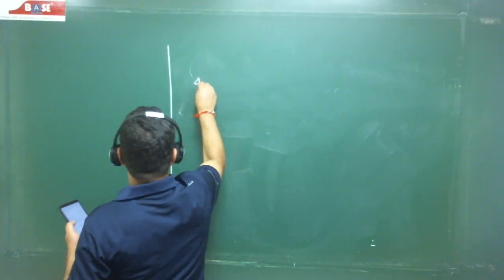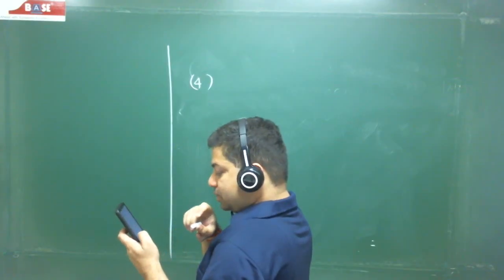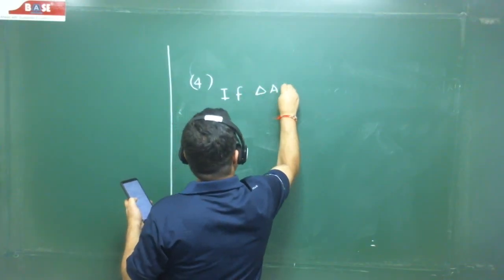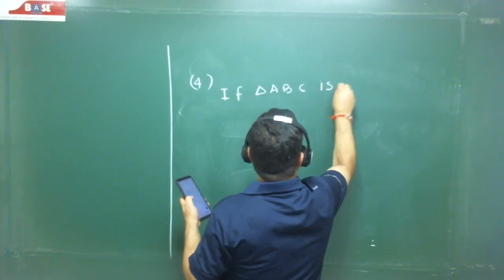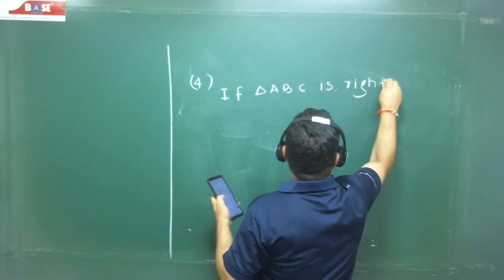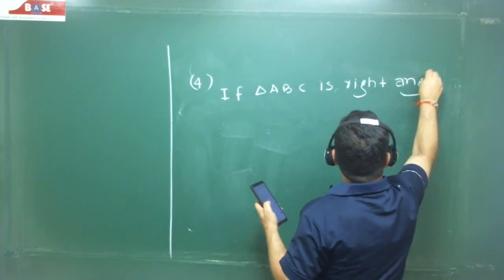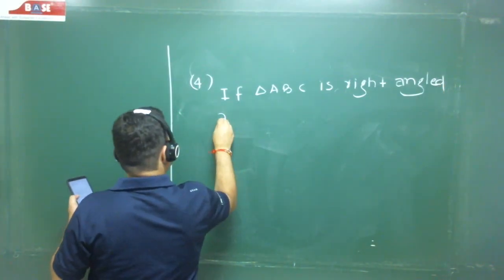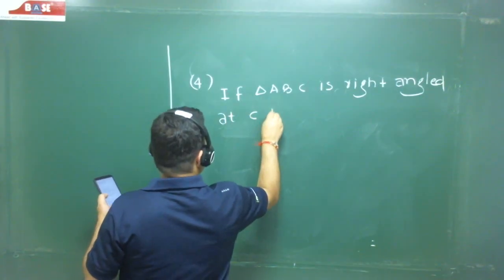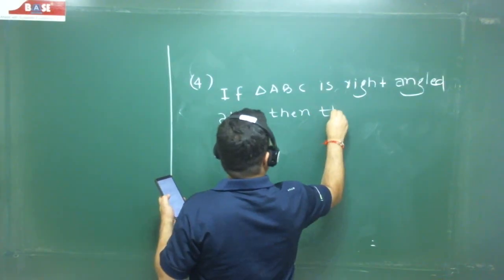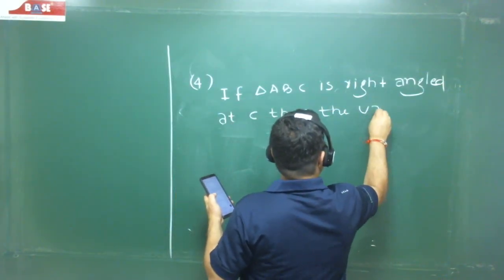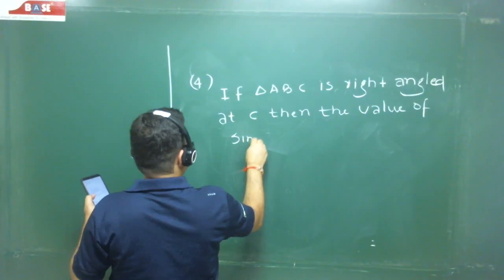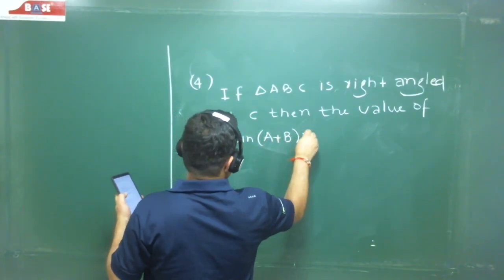Now see, question number 4. If triangle ABC is right angled at C, then the value of sine (A plus B).